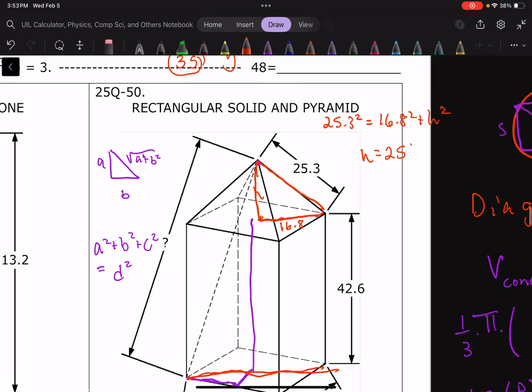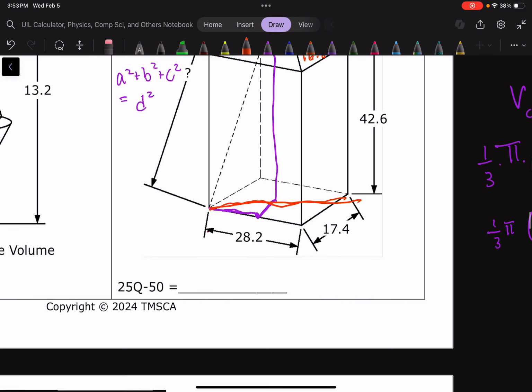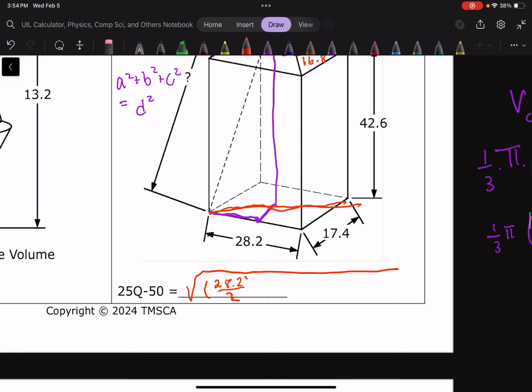Okay, so putting all this together, it's a super Pythagorean theorem, as I like to call it. And it's going to be 28.2 cut in half, squared, plus the 17.4 cut in half, quantity squared, right?